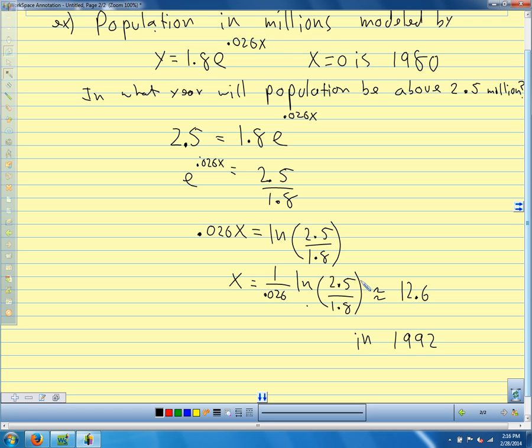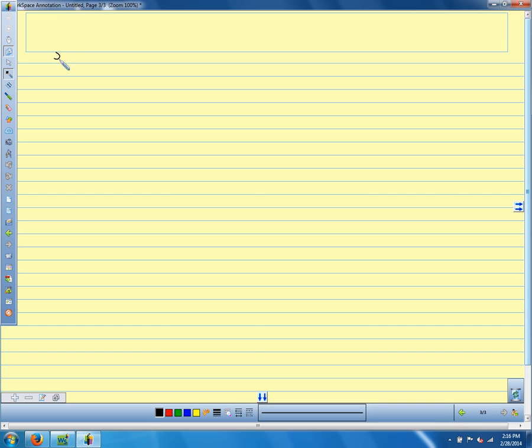All right, so this next problem is probably the most difficult type of problem that we'll do in exponential functions. So we have a bacteria population.